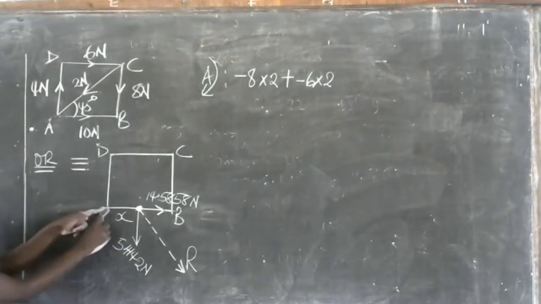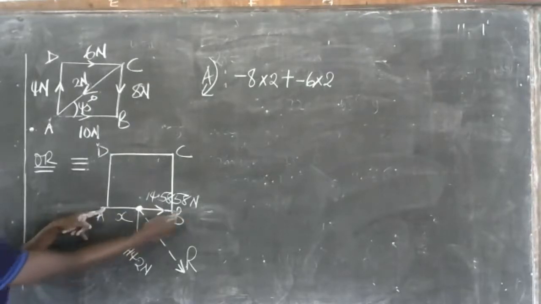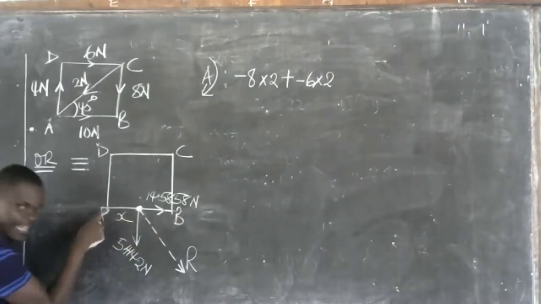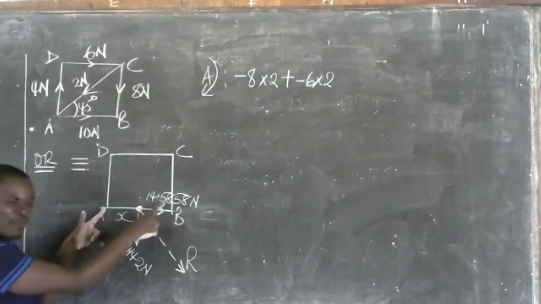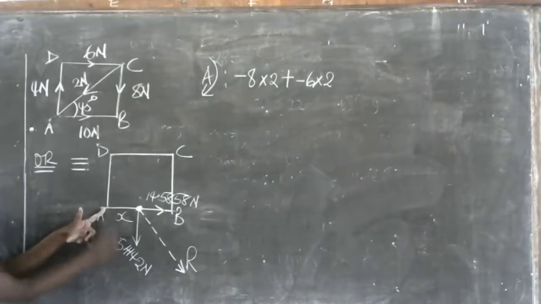I'm going to equate it to the sum of moments in this diagram about point A. Now, about point A, the horizontal component of 14.5858 has its line of action passing through point A and therefore has no moment. The only component that has a moment is the vertical one.